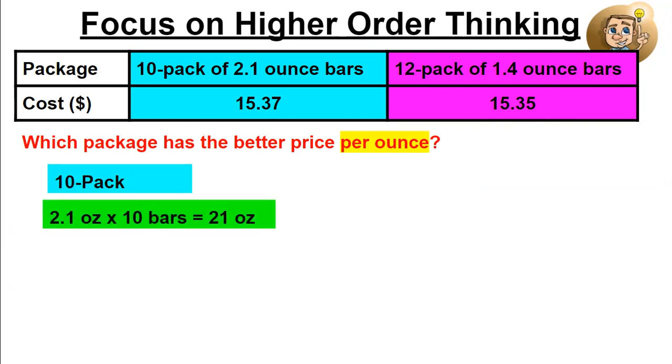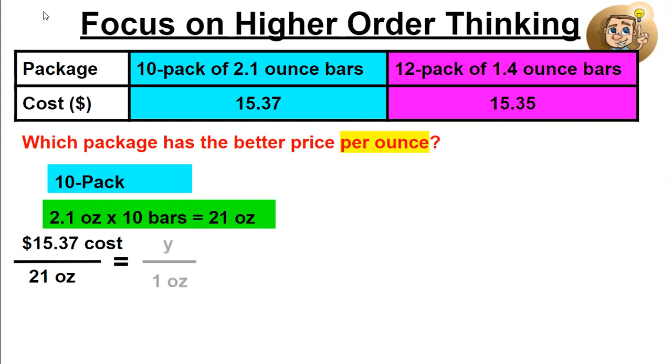2.1 ounce bar size times 10 bars in a pack. That total package, the blue pack, has 21 ounces total of food in it. Okay. So we're going to set up the cost again, $15.37. This time on the bottom, instead of number of bars, we're going to put 21 ounces. That's how many ounces of food is in that box.